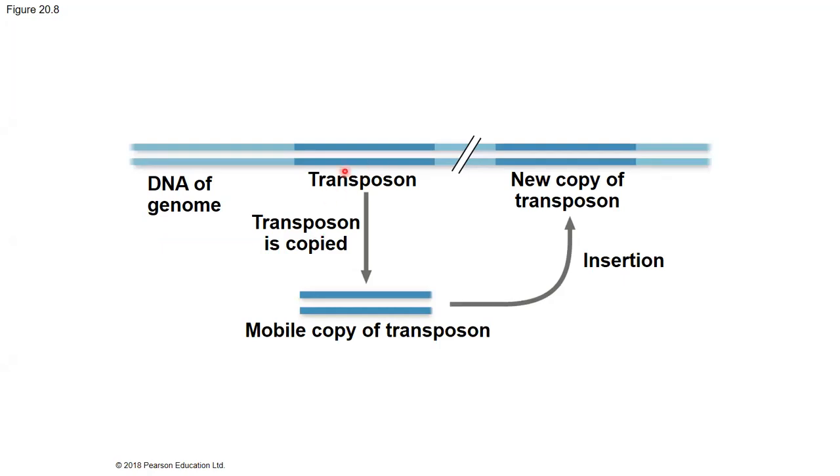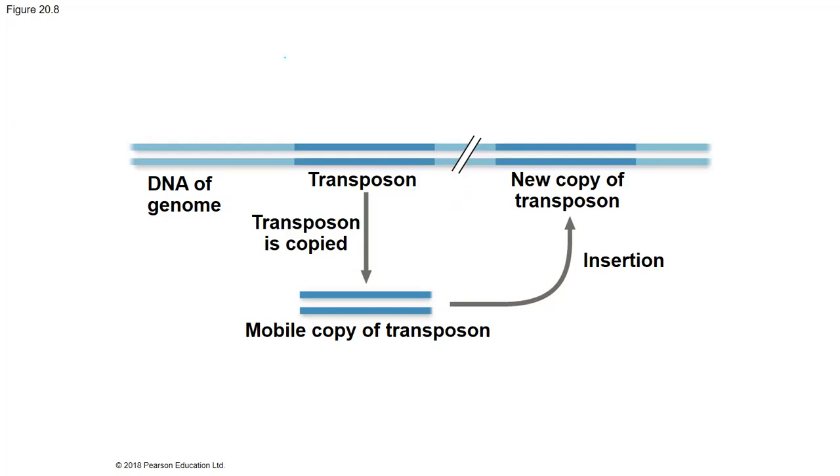First, a transposon will make a copy of itself, and this copy will be mobile, which means it can move, and the new copy is inserted elsewhere in the genome. So now we have two copies of the transposon, and these two copies have identical or very similar DNA sequences.